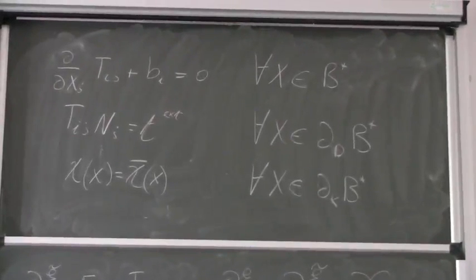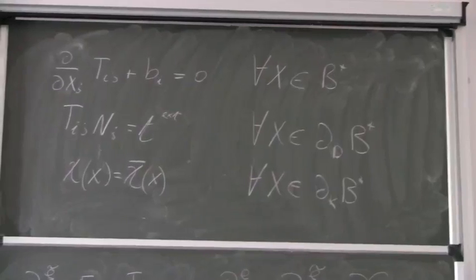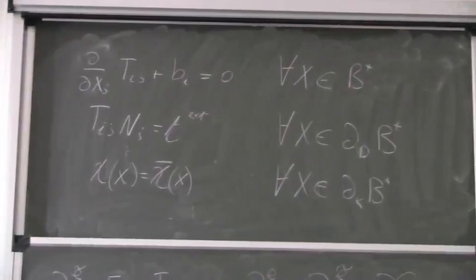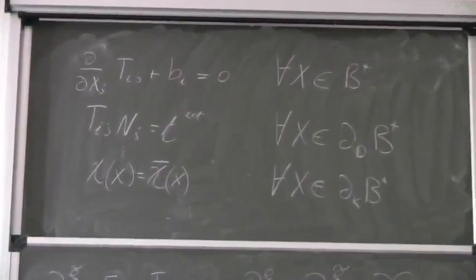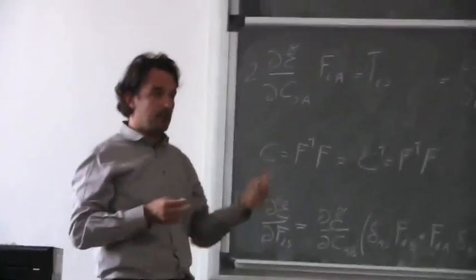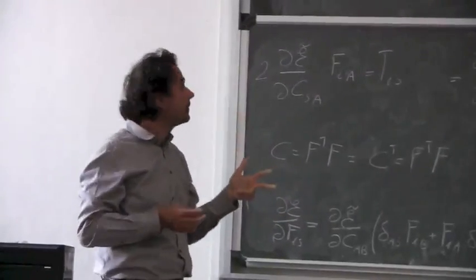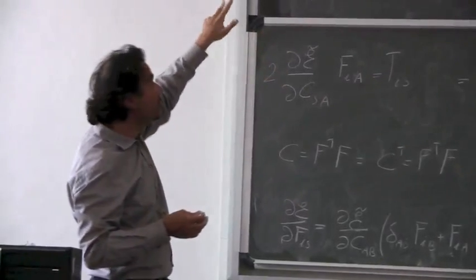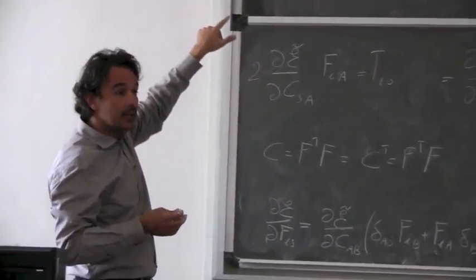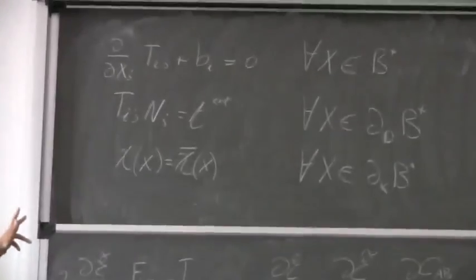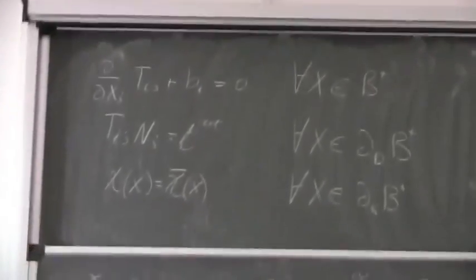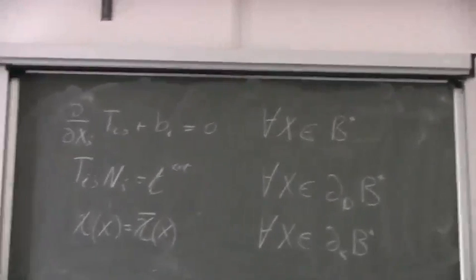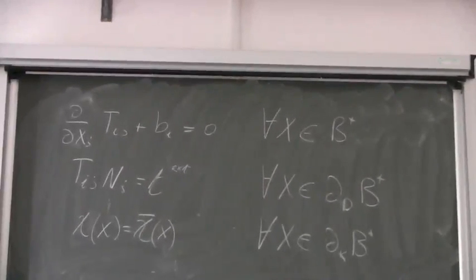We have an equation for I equal to 1, an equation for I equal to 2, and an equation for I equal to 3. So we have 3 equations and some boundary conditions. But the fields to be seen here are 9 because T is a general tensor, it has 9 components.